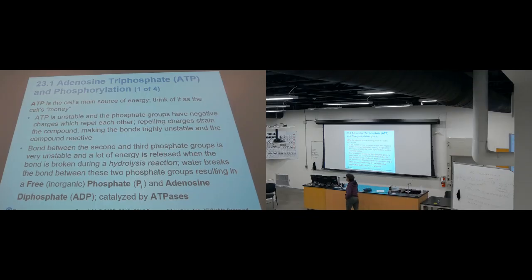So these are hydrolytic reactions, and water can break down the bonds between the phosphate groups, resulting in inorganic phosphate and then ADP, or AMP if you break down one more. Now, the thing about ATP phosphate groups is that you have a high energy bond between these phosphate groups.